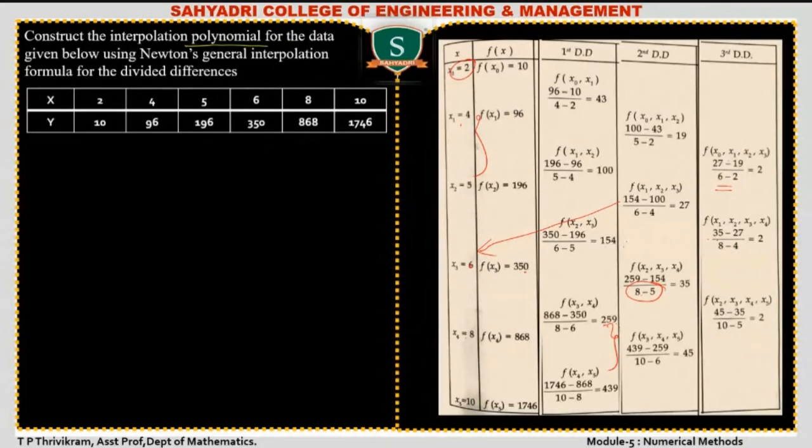Similarly, draw a line like this. After writing this, which value will be available? That value you have to take. Next, here last value. In this line, what is the last value? Diagonally. X1 is there. So, 8 minus 4 will get. Clear?